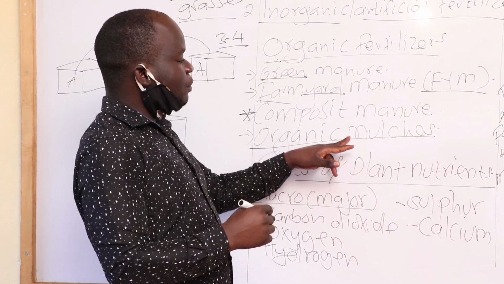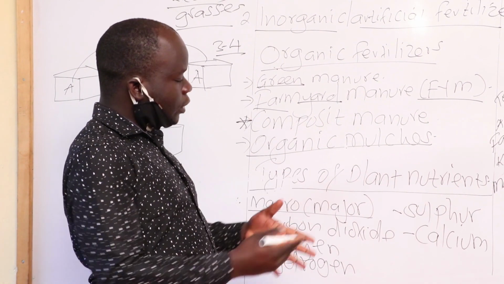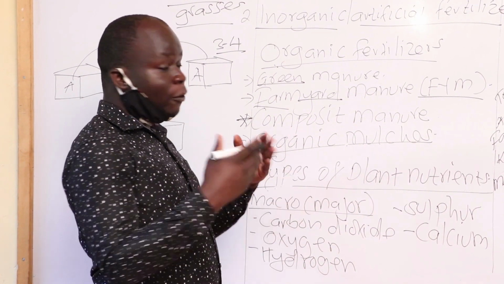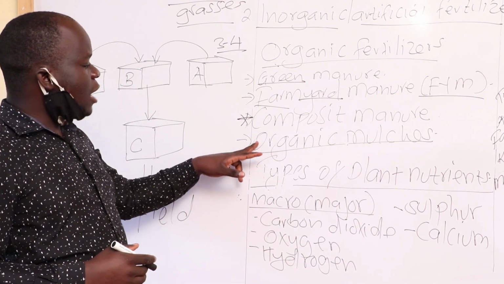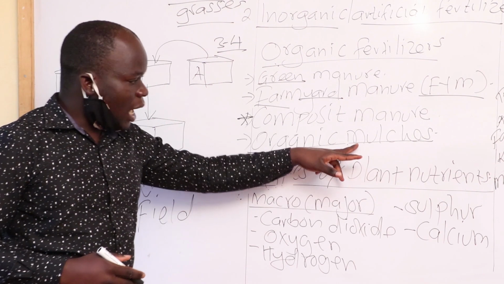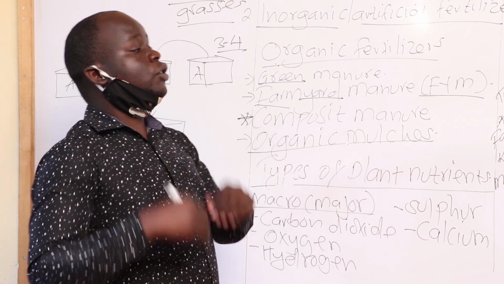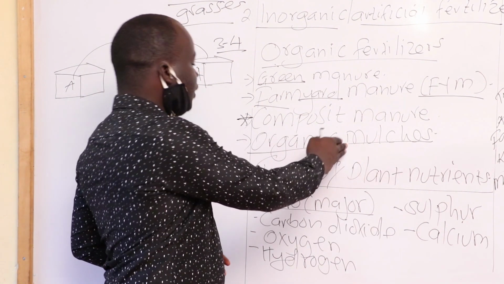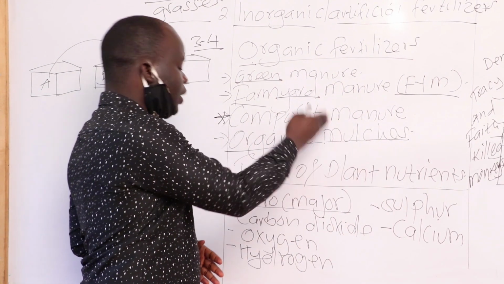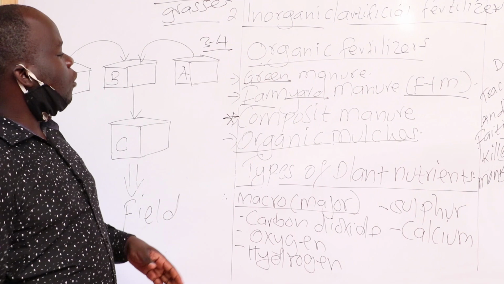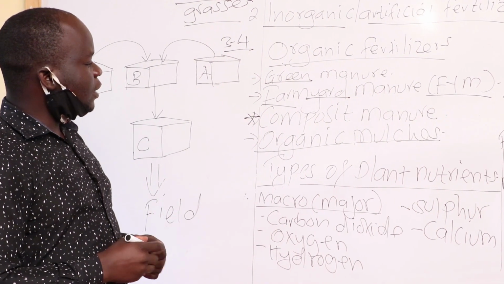In that process, because they are organic, they will rot, decompose, and provide nutrients to that plant. The major aim of mulching actually is to conserve the soil moisture. But in the process, because you're using organic materials, they will decompose to provide nutrients in that particular soil. So we have got 4 types of organic mulches.